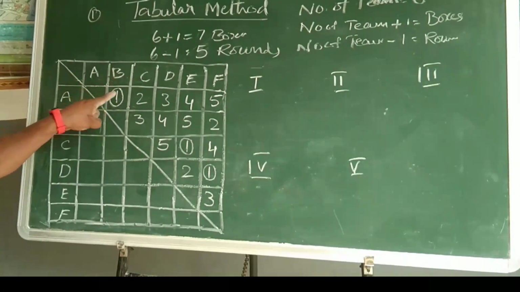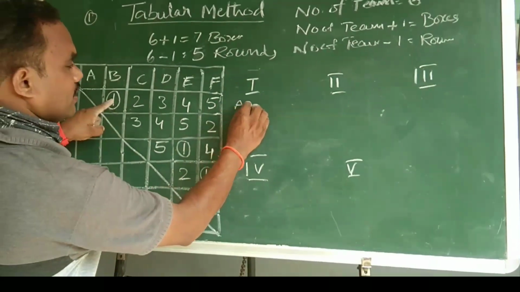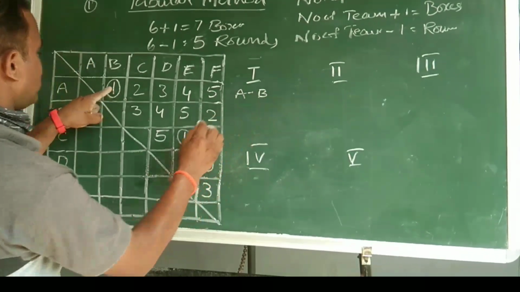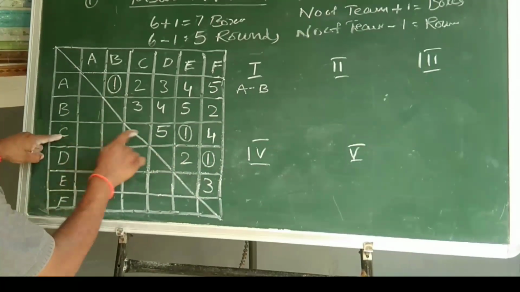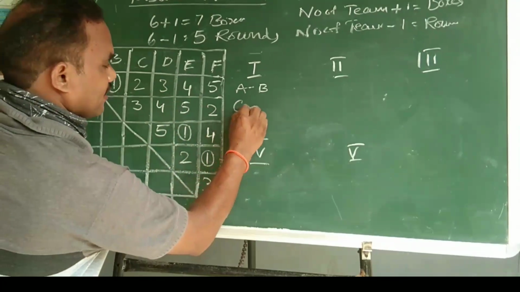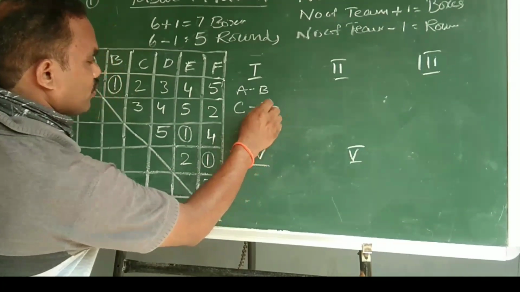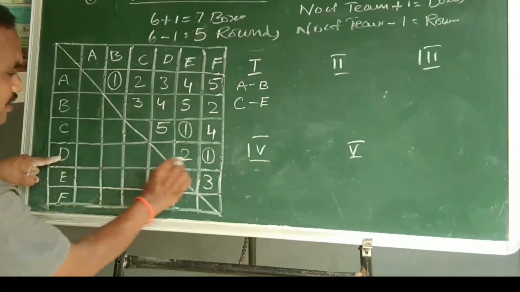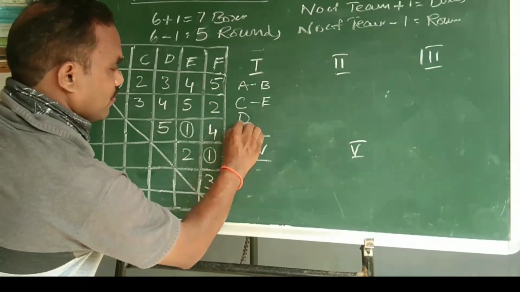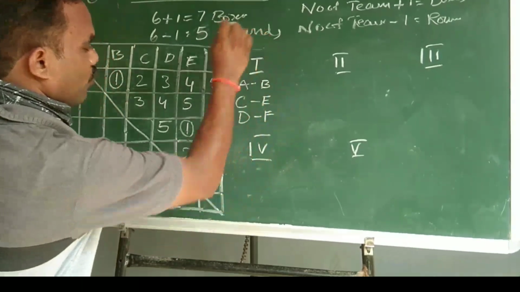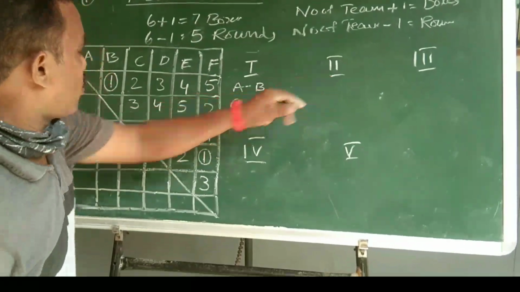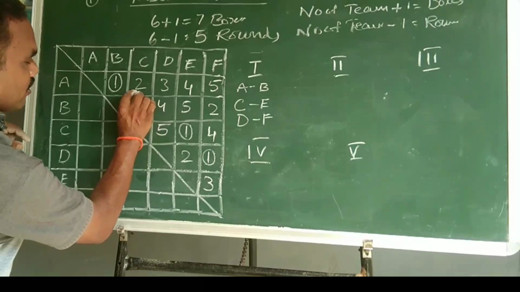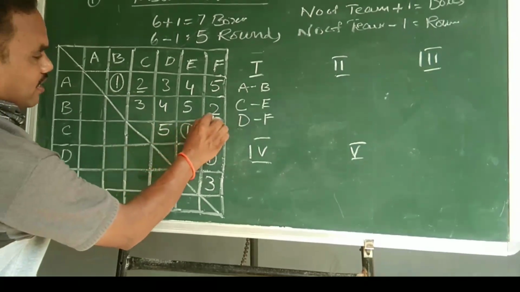A versus B. The first round is A versus B, one match, and here C versus E. Match number 2, and D versus F. This is the first round. Then next goes second round. The second, where is the second round? Here second is there.